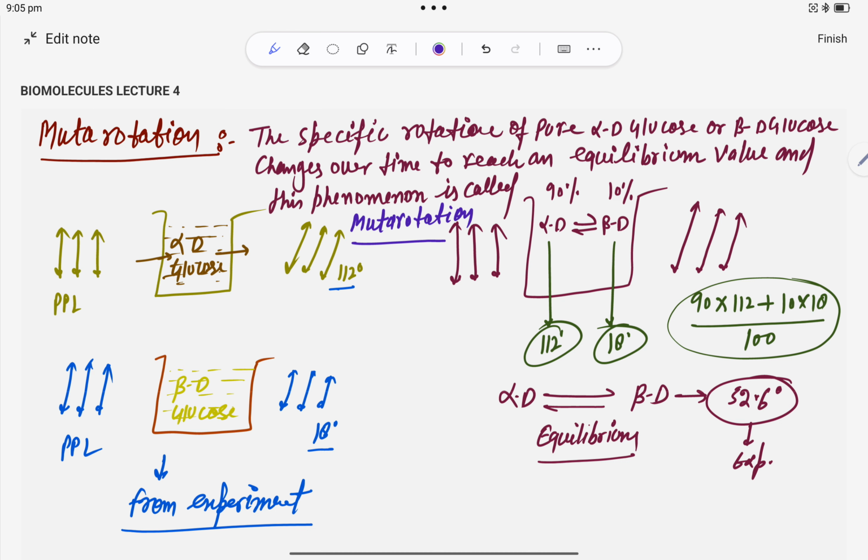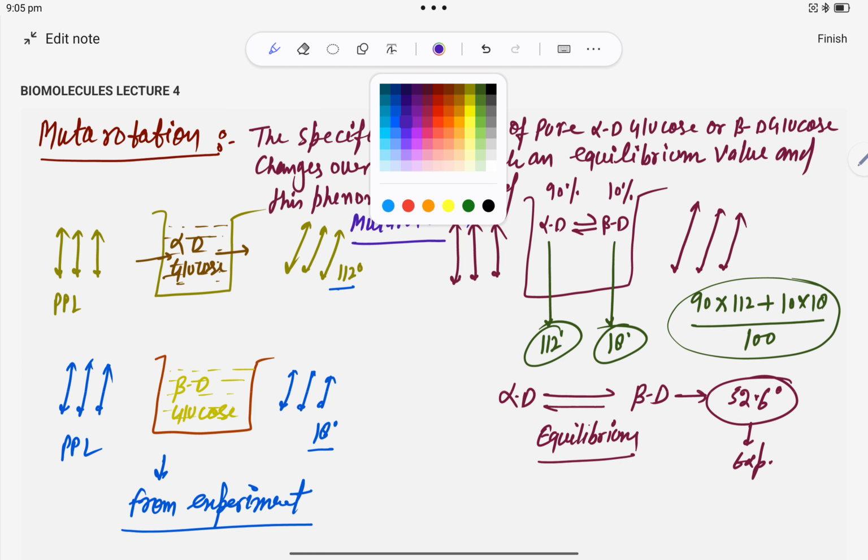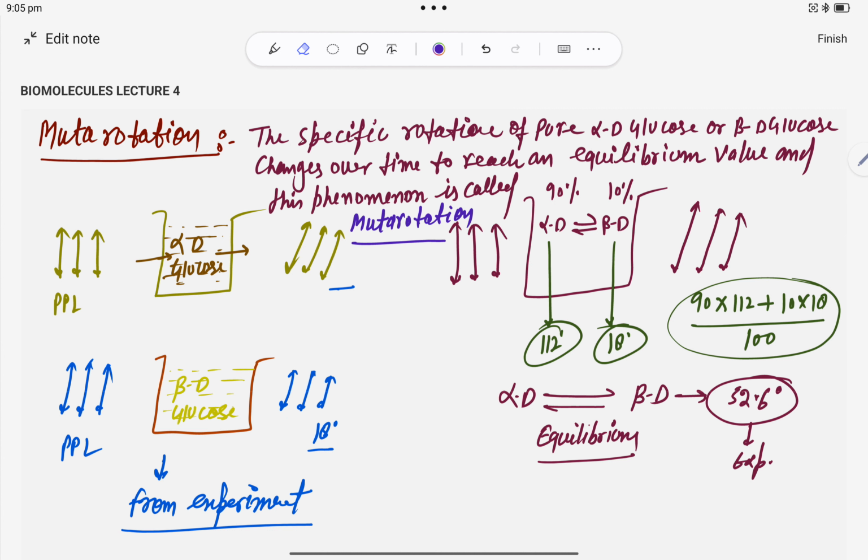Okay, so that exact value you can write here. It's hypothetical data. The exact value is plus 112.2 degrees because it is dextrorotatory, and here it is plus 18.7 degrees Celsius.